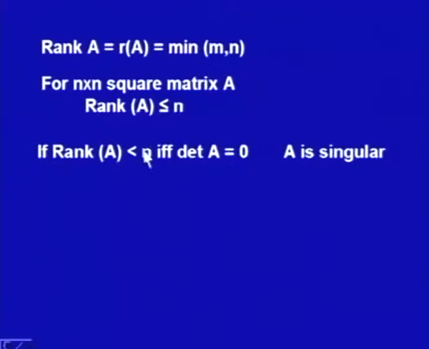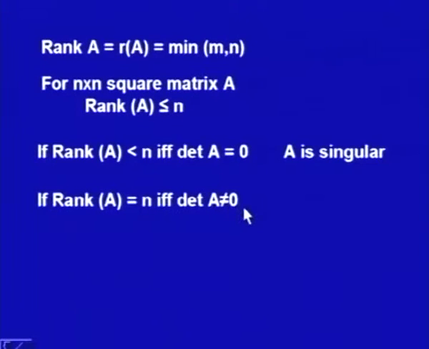If rank of A is less than n, that clearly means that determinant A is 0. This comes from the very definition of rank, and that means A is singular. On the other hand, if rank A is equal to n, then the determinant has to be non-zero.